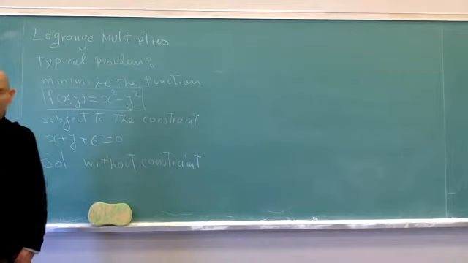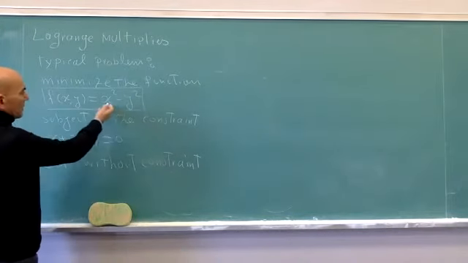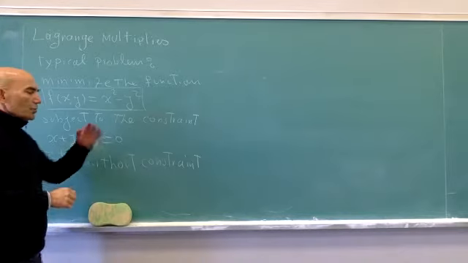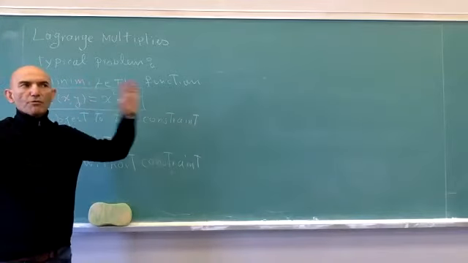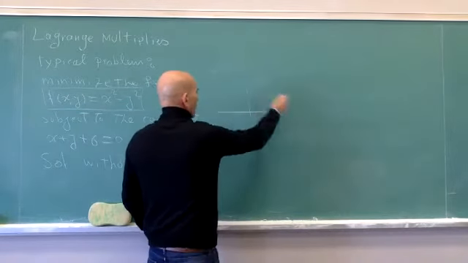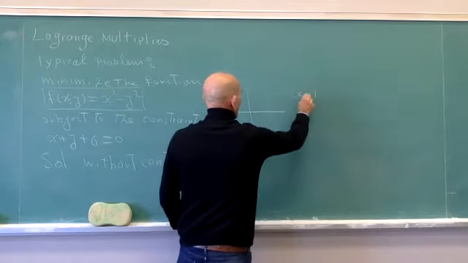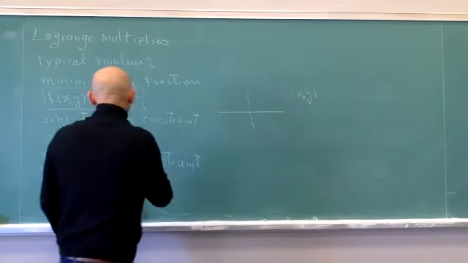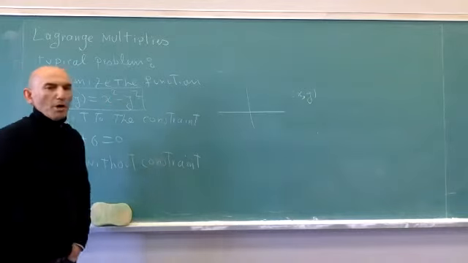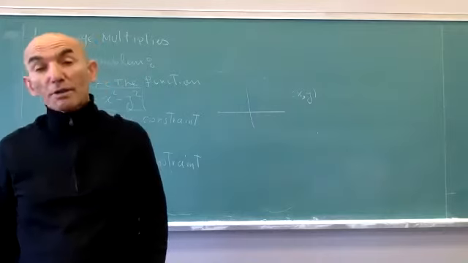Then x and y are completely free because no other condition is given. So you're allowed to change x and y over all of R^2. In that case, can you tell me what would be the minimum of this function f of x and y equal to x^2 minus y^2?